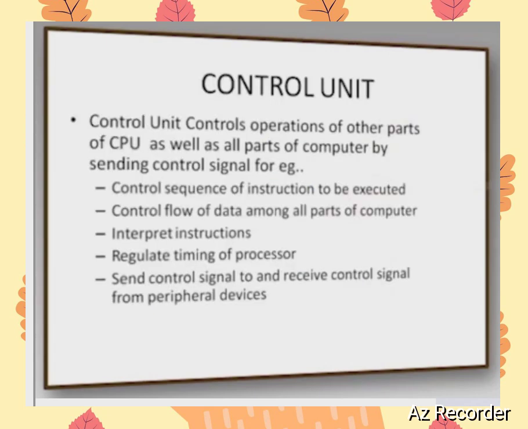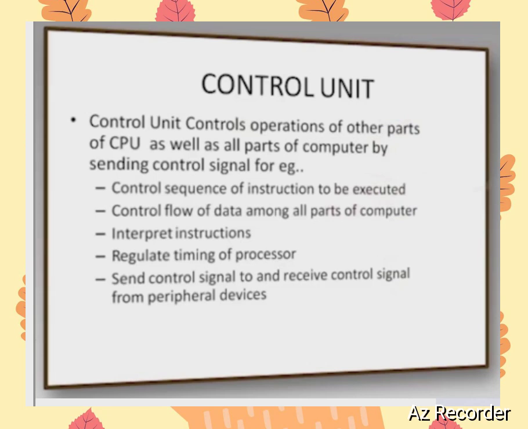Now let us see the first component of a central processing unit, namely the control unit. The control unit controls operations of other parts of the CPU as well as all parts of the computer by sending control signals. For example, the control unit controls the sequence of instructions to be executed.